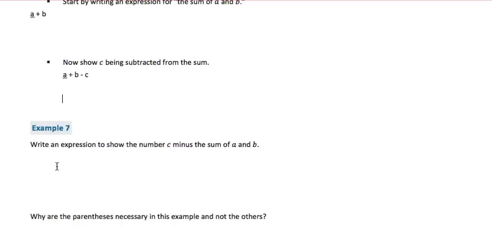Then they ask us to write an expression to show the number c minus the sum of a and b. Something very different, because we're starting with c in this expression.